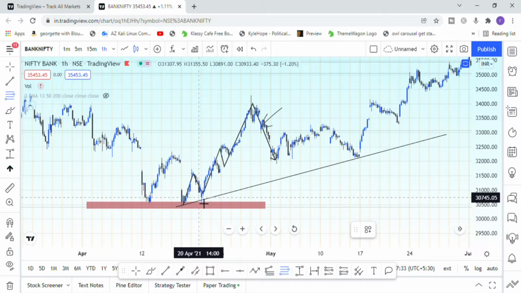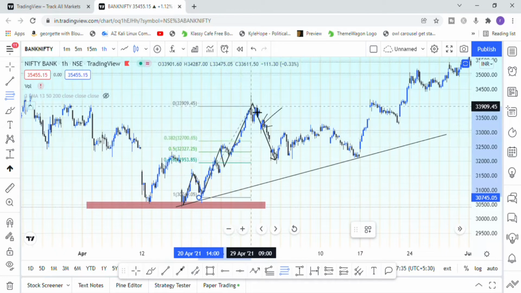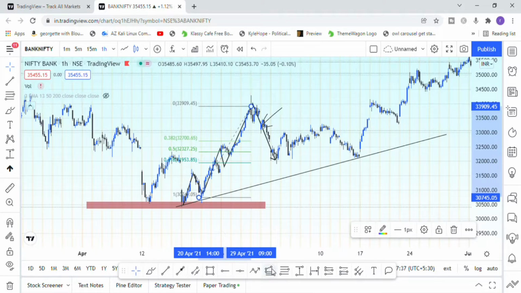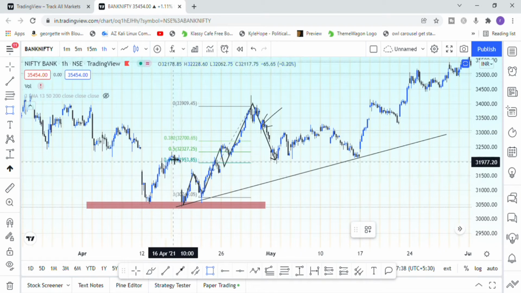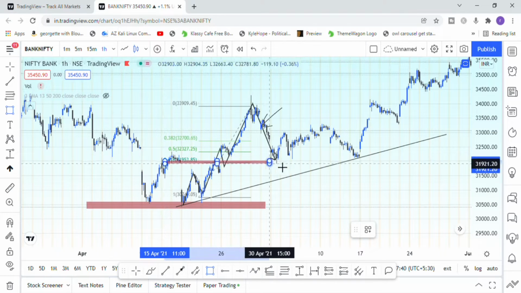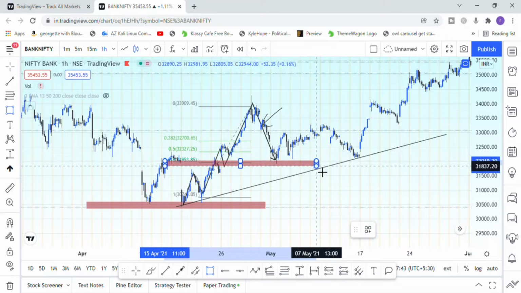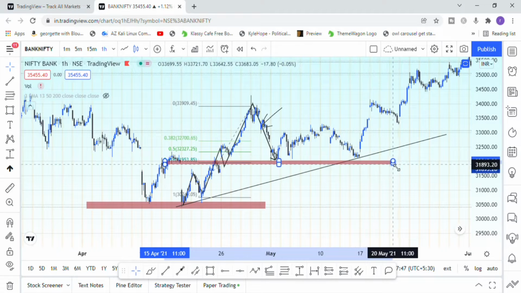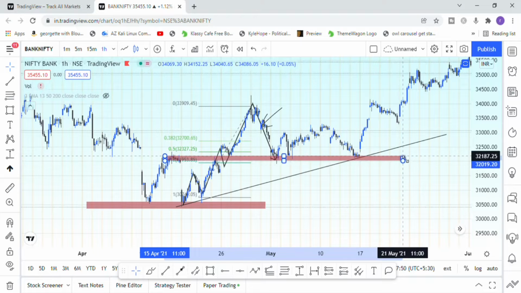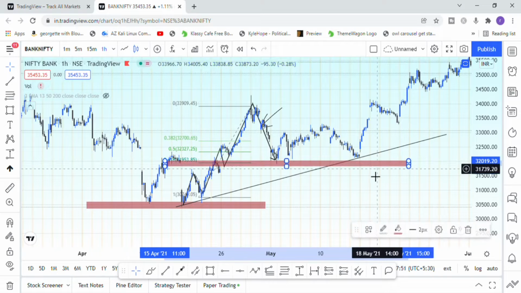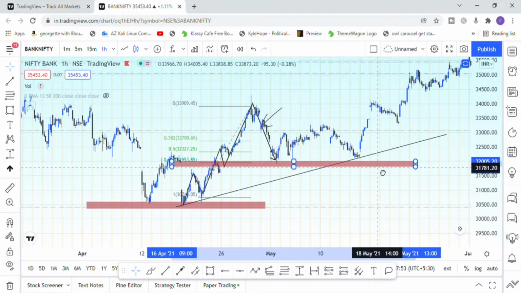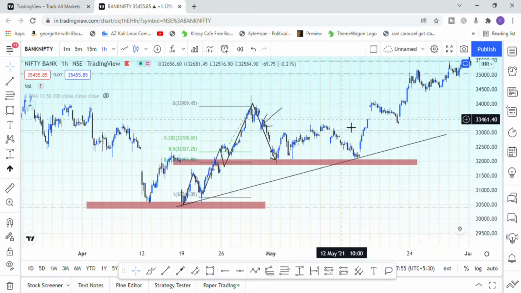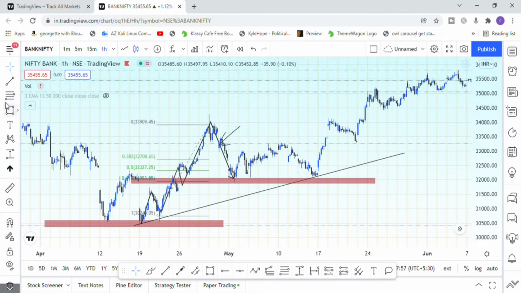Suppose I take this as a lower low and lower high, and draw the fib with a ratio of 0.6. The market comes down, bounces up again. I extend this level, and if the market comes to that level, I initiate a buy position.